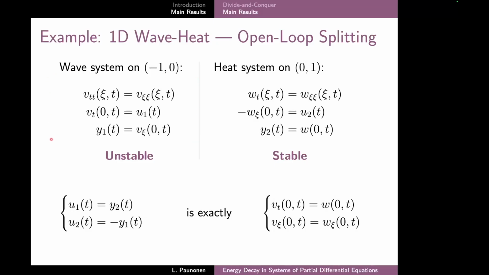So for the system 1, we define this indeed to be the wave equation, and the input of the system we define to be a boundary condition of the equation at the point 0, which determines the value of the velocity of the wave profile at this point based on an external signal, an input to the system.